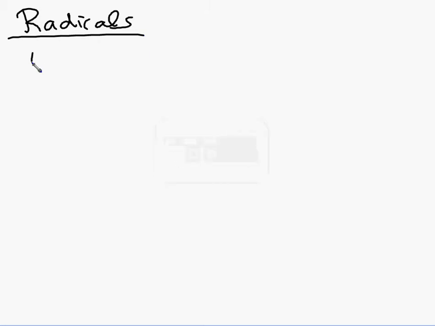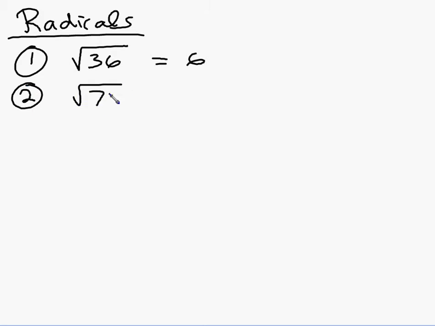So you all remember square roots, something like the square root of 36. We say, what is the number you multiply by itself to get 36? And we know that's 6, and you can see that on your root sheet. Now, where we have to do a little bit more thinking is if I have something like the square root of 72. This is where the root sheet comes in handy.